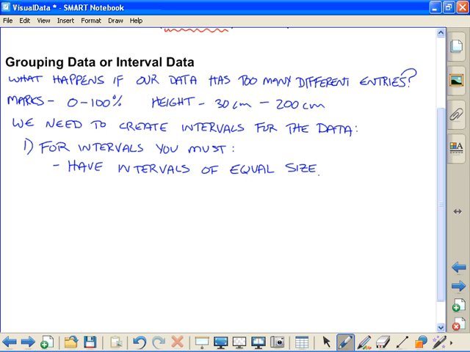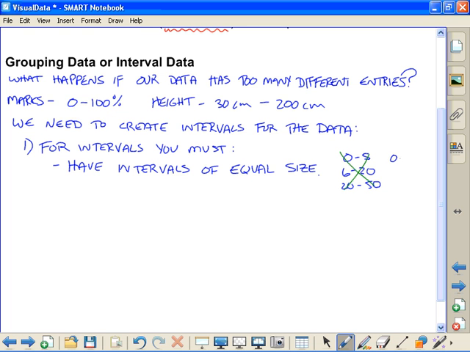You can't have an interval that goes from 0 to 5, and then the next one 6 to 20, and then 20 to 50. That's not permissible. You need to have intervals of equal size.